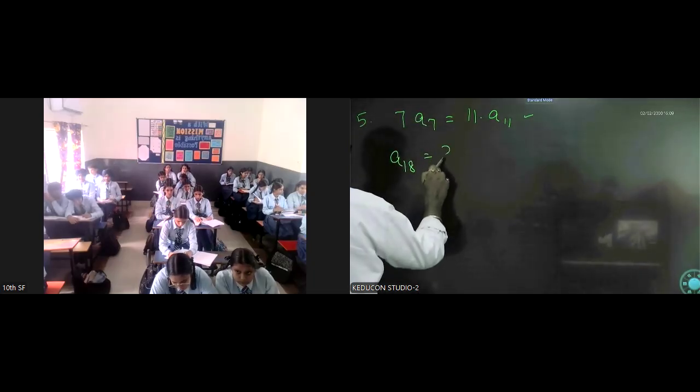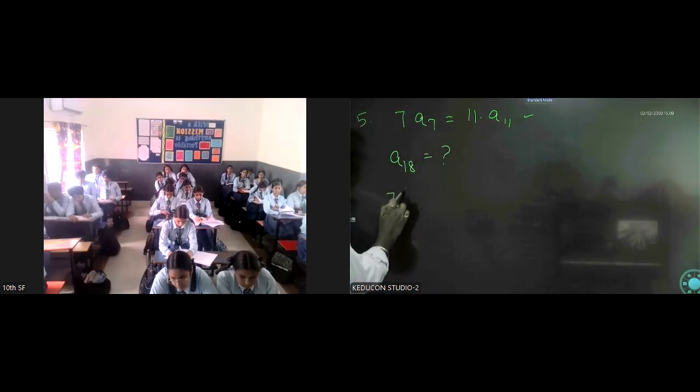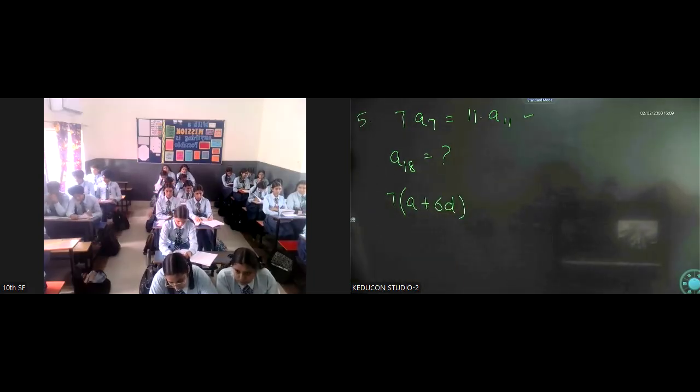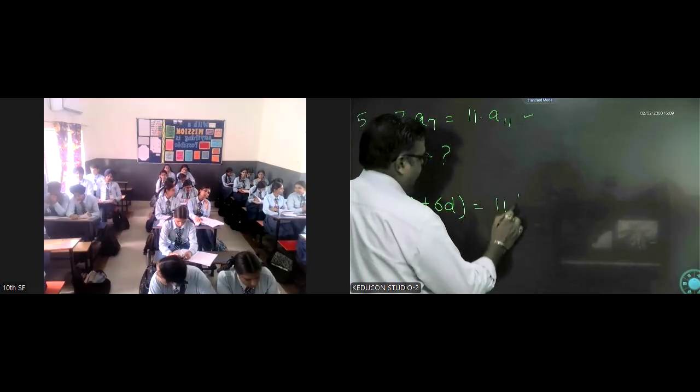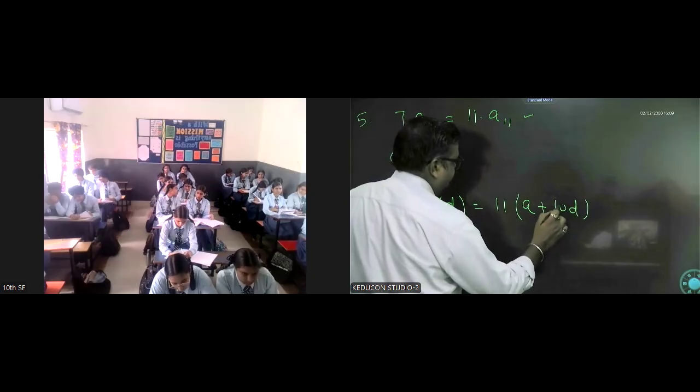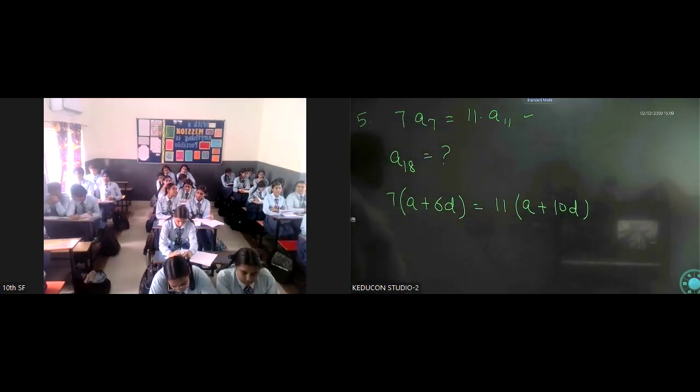What is the meaning of this? 7 times the 7th term. The 7th term will be a plus 6d, and here 11 times the 11th term. Is it clear, children? Any doubt till now?